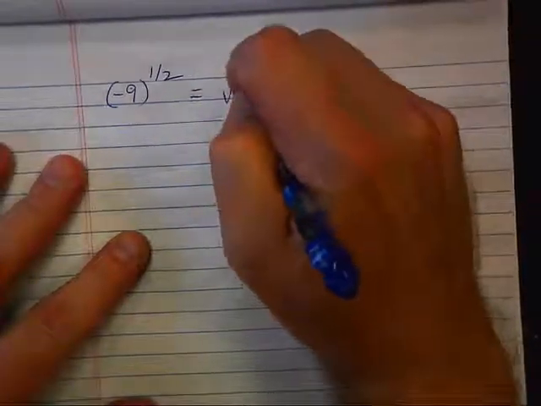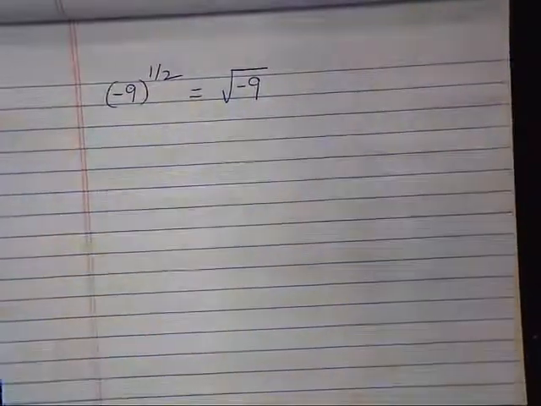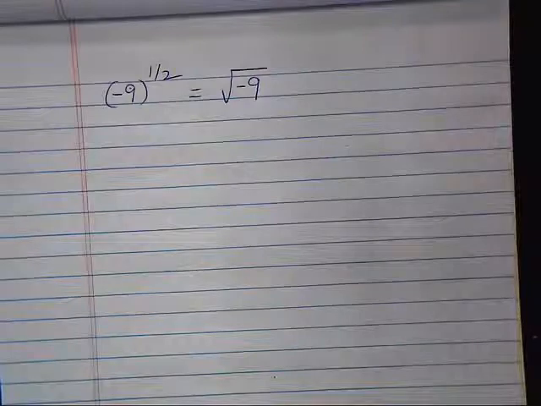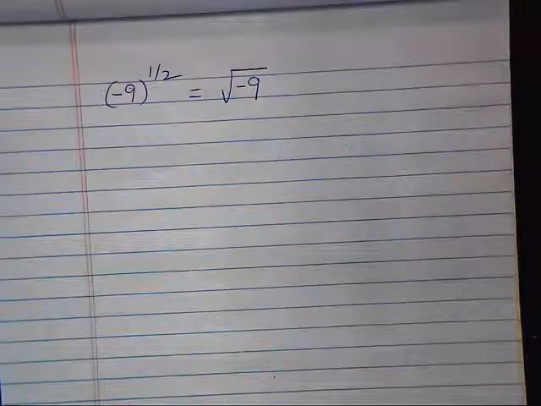Nope. You can't have a negative in the square root. It would be the square root of negative 9. And you're telling me I can't do that. Why not? You can't. You do end up with something called imaginary numbers. That's correct. We will talk about imaginary numbers later in this class.